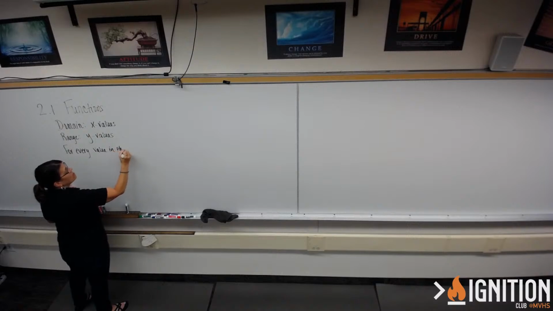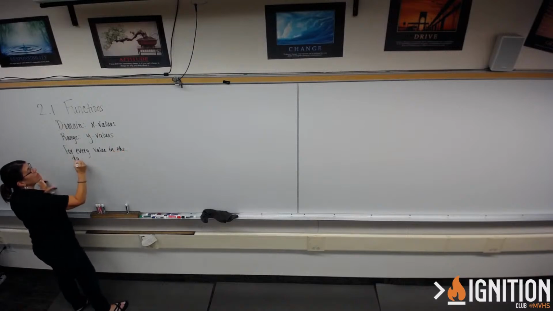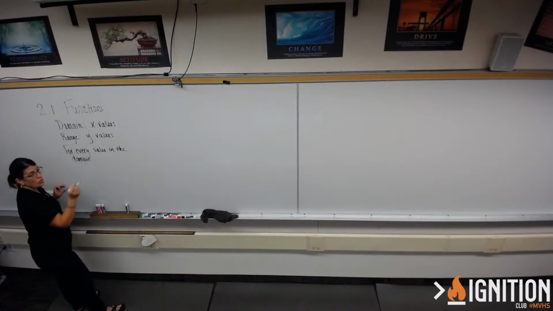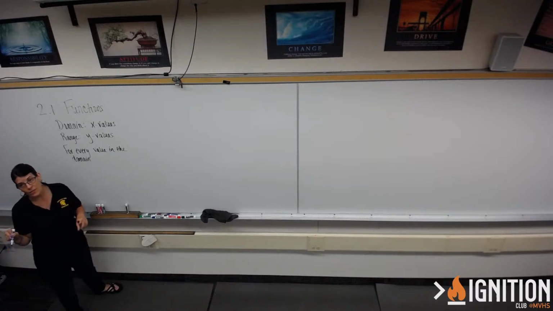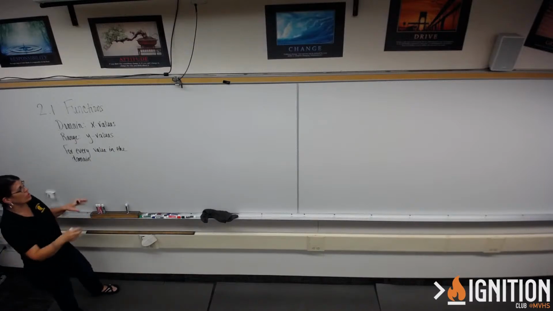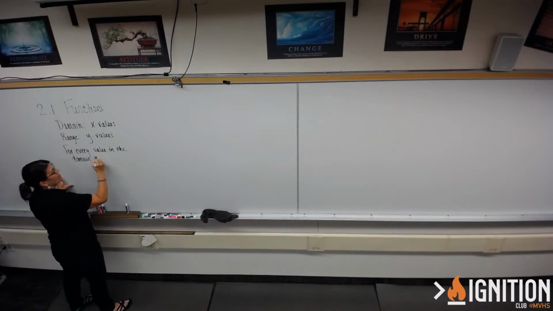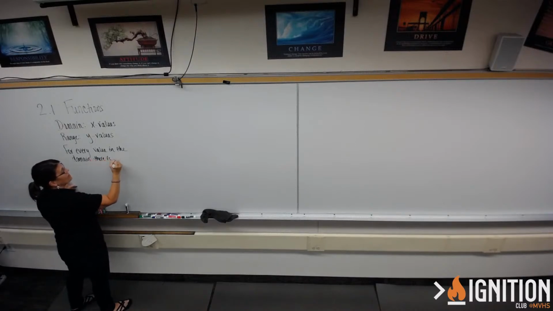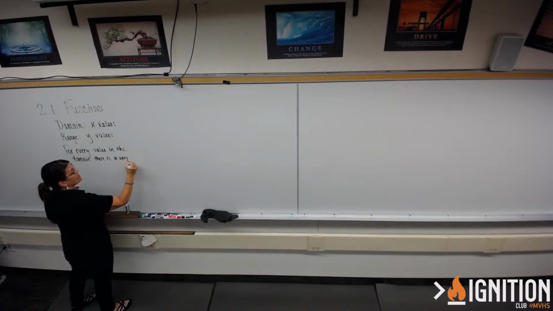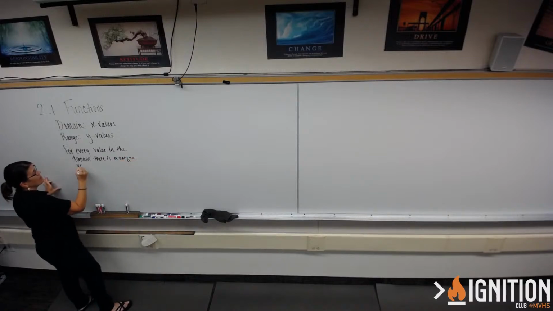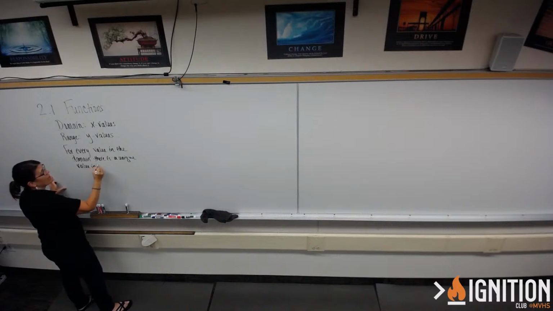You guys are used to saying for every input there's one output, and that's true, but you are in like really big kid math now. We don't say input and output, we say domain and range. For every value in the domain, there is a unique value in the range.